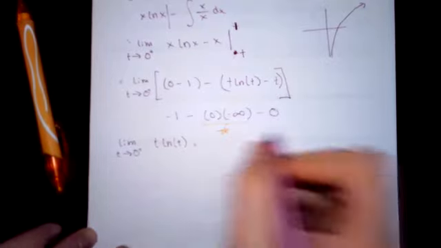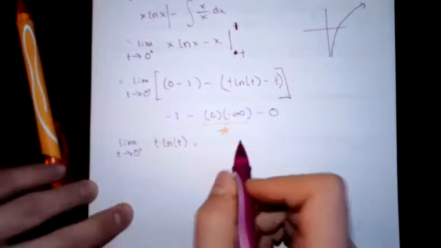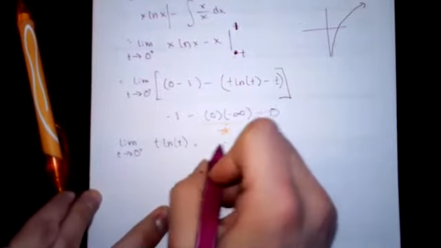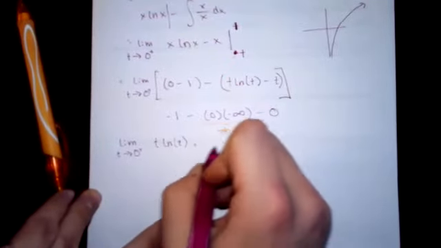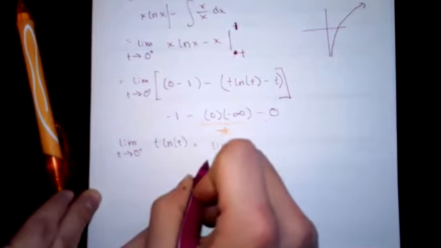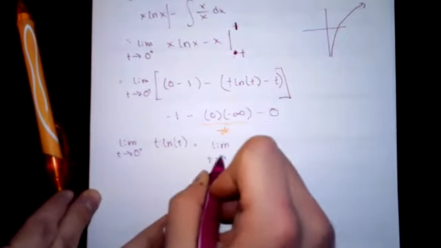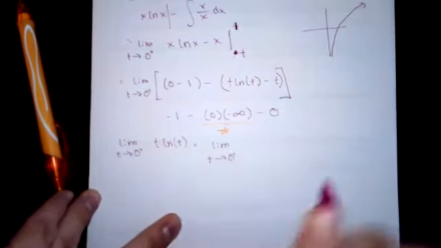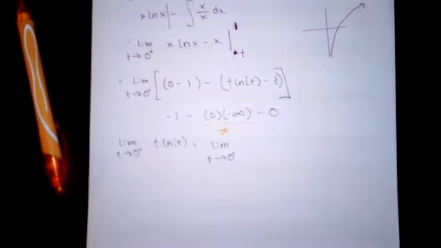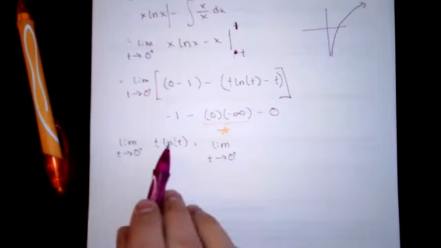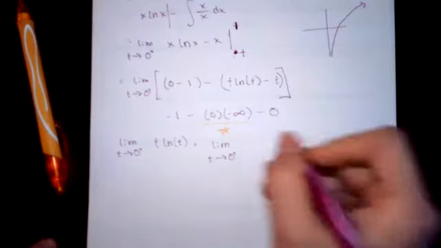We need to do L'Hopital's rule again. Now this one's a little tricky. It's a 0 times infinity. So which one do we want to force into the denominator? You've got to think ahead a little bit. Either might work. I would say natural logs are a little complicated.